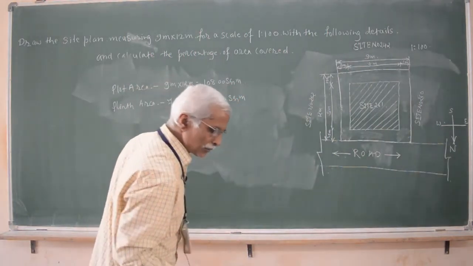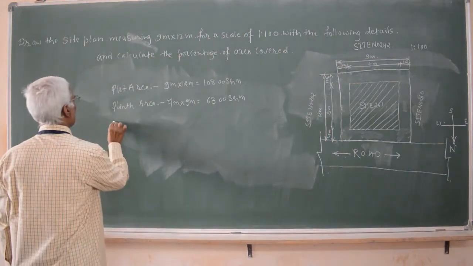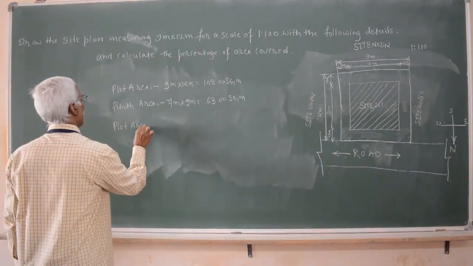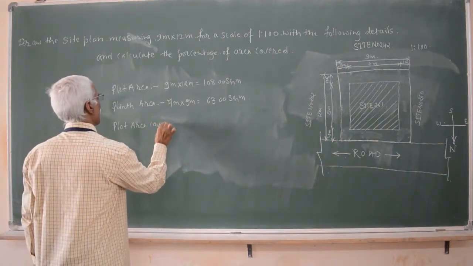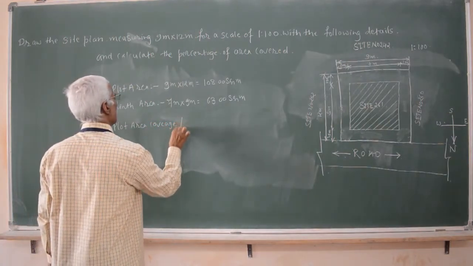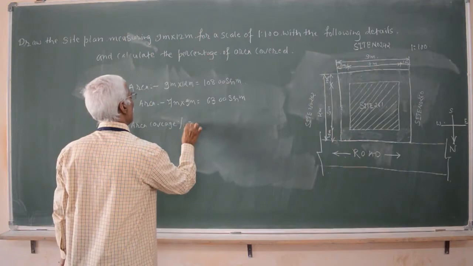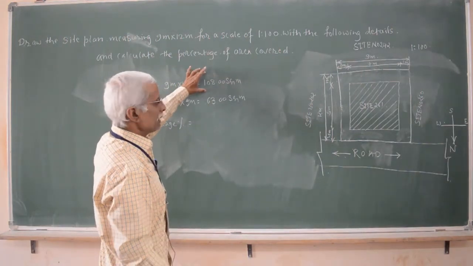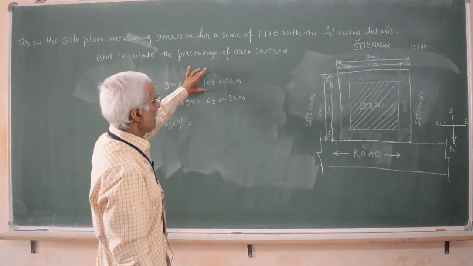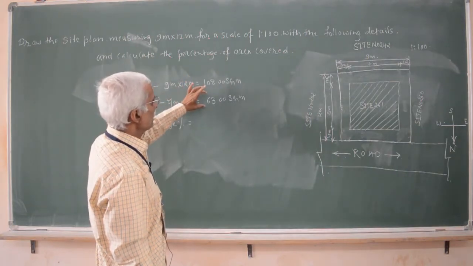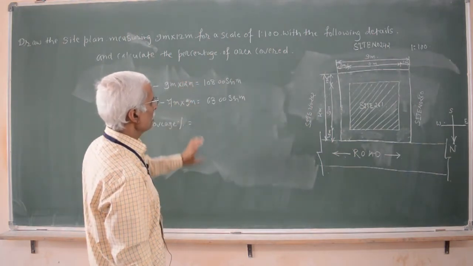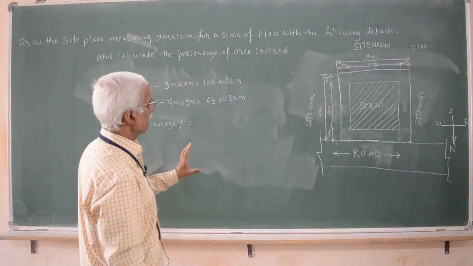Now the next comes plot area coverage. Plot area coverage is a percentage. That means here 108 square meter is your plot area. You have covered only 63, so how much percentage of the plot have you covered with the building?